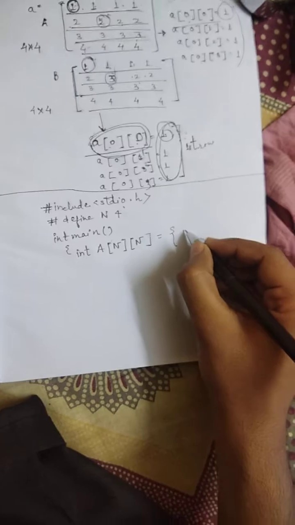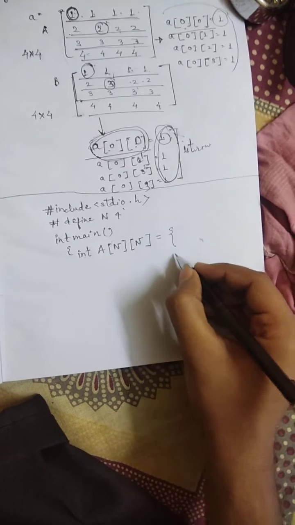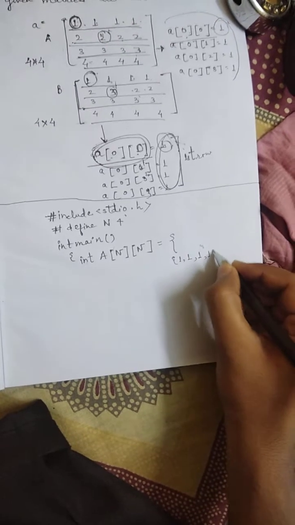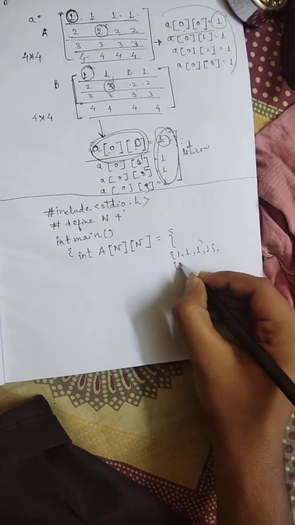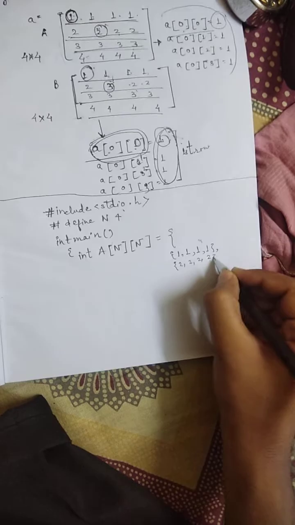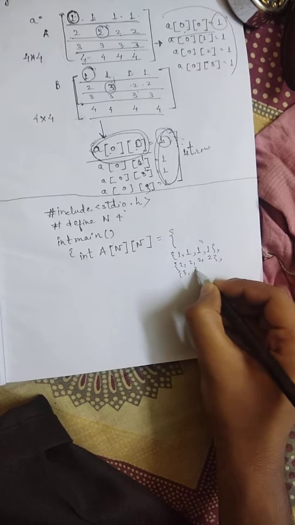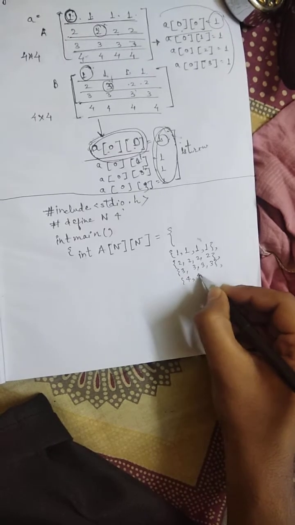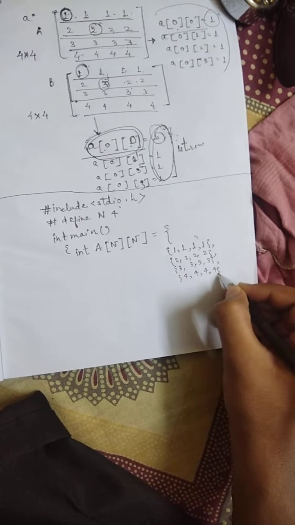We have to write the elements: 1 comma 1 comma 1 comma 1, 2 comma 2 comma 2 comma 2, 3 comma 3 comma 3 comma 3, 4 comma 4 comma 4 comma 4.